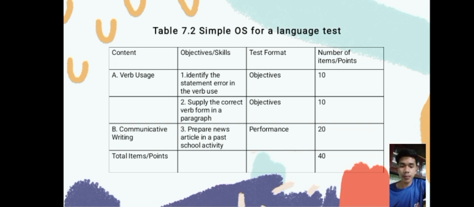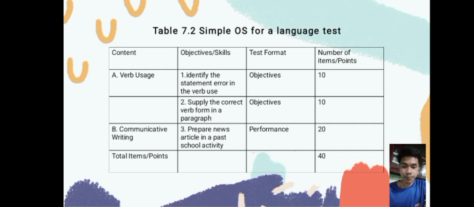For this table, there is also a number of item points allocated to each outcome or skill. For outcome number 1, since it is an objective item test, it only requires 10 items.